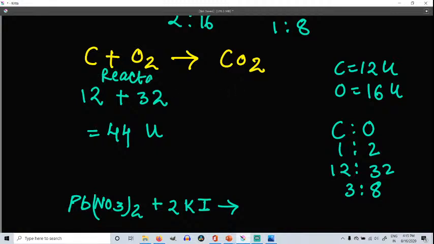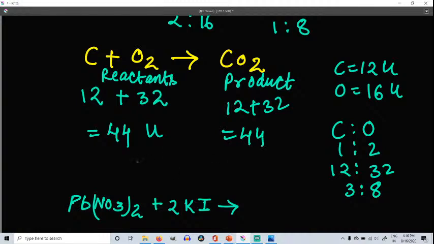These two are reactants and one product is formed after the chemical reaction. When you take the mass of carbon dioxide, once again 12 plus 32 is equal to 44. So total mass of reactant is 44 U, equal to 44 U. It means total mass of reactant is equal to total mass of product.